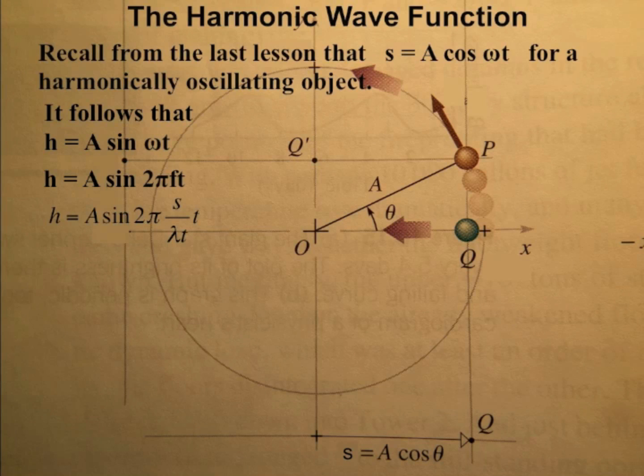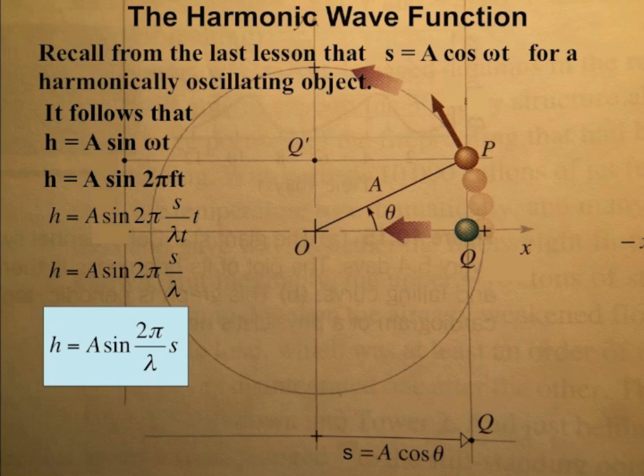And h equals A sine 2 pi s over lambda t, and that's simply from one of the previous screens in this chapter where we proved that f equals s over lambda, and that comes from the wave speed equation that we learned earlier. And so now just simplifying, h equals A sine 2 pi s over lambda, and we're left with h equals A sine 2 pi over lambda s.